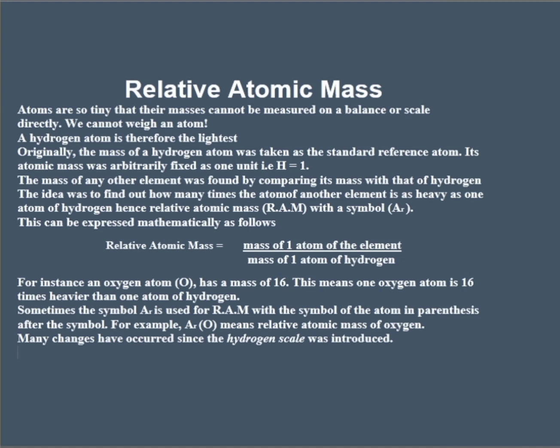But later the oxygen scale was found to be unsatisfactory, because oxygen has several isotopes, which would have different masses depending on which oxygen isotope was being considered.